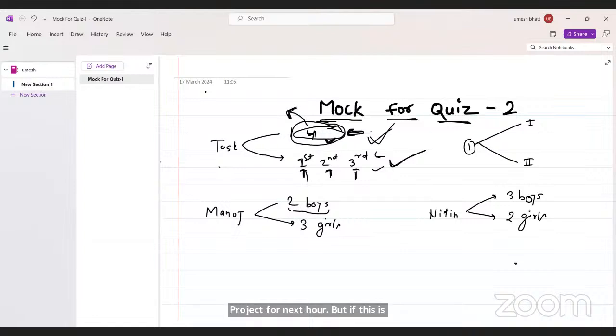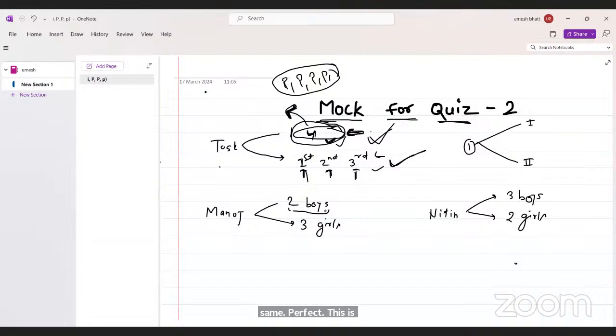But if this is not simultaneous, then I select one project, say P1, and then I don't know which project I selected, so I can also select the same one as the second project. Then all projects belong to the same person. So this is also simultaneous.